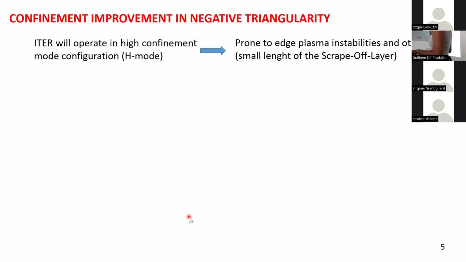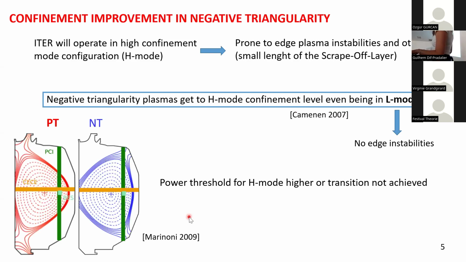As you saw already this morning, ITER will operate in high confinement mode configuration, which is a configuration of very good confinement, achieved above a certain threshold of power injected into the plasma. This configuration is very good, but it is at the same time prone to edge instabilities and other issues. Negative triangularity plasmas have the capability to reach H-mode confinement levels even while staying in L mode, in low confinement mode, so not doing the transition to high confinement mode.